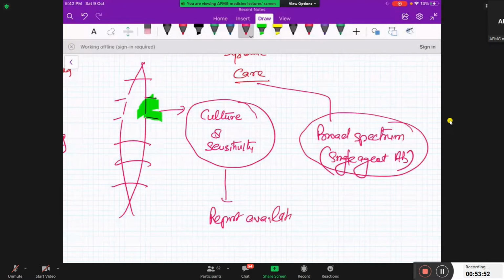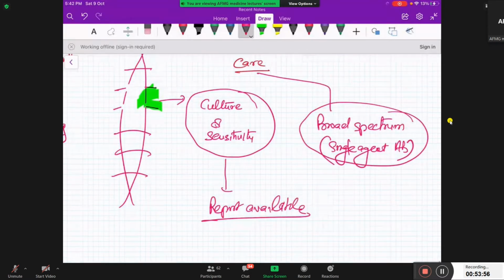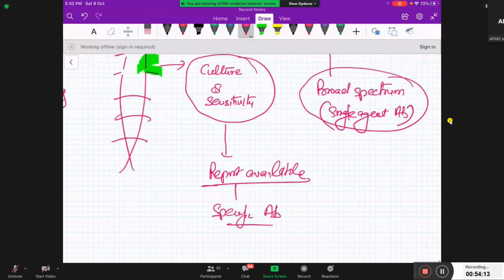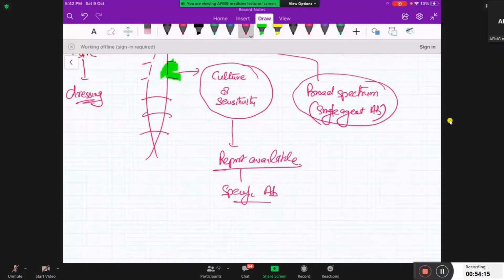Once the report from culture is available, you will start the specific antibiotic, whatever the culture shows to be sensitive. This is how you do the management of a wound infection. Very, very important algorithmic approach.